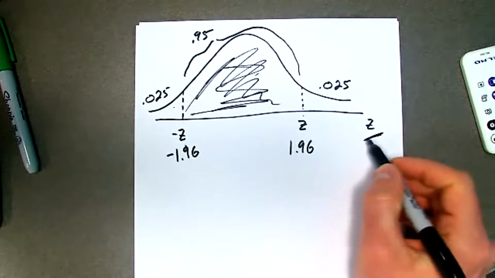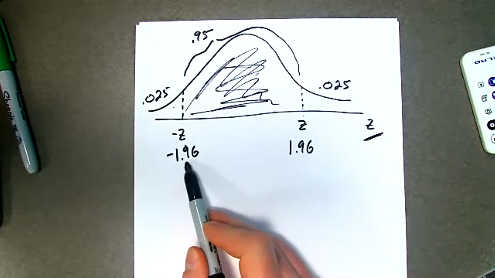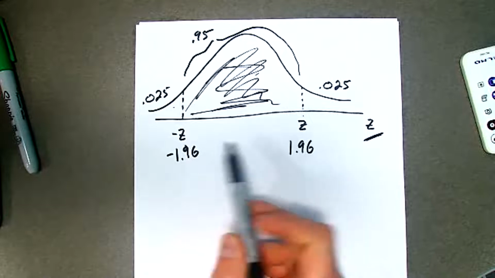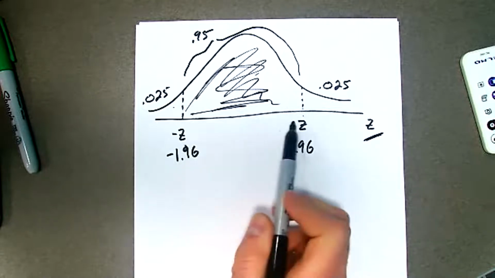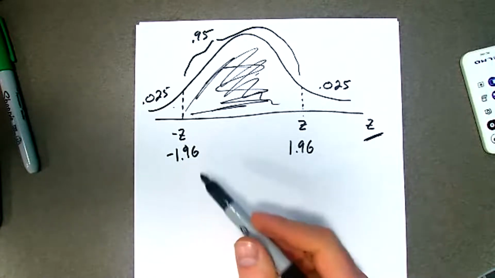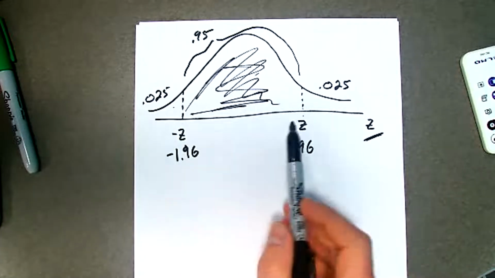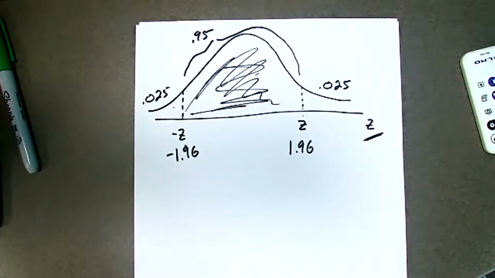That's the interpretation of our z-scores. The probability that I see something 1.96 standard deviations above or below the mean, somewhere in that range, is 0.95. Right? 95% chance something is within 1.96 standard deviations of the mean.